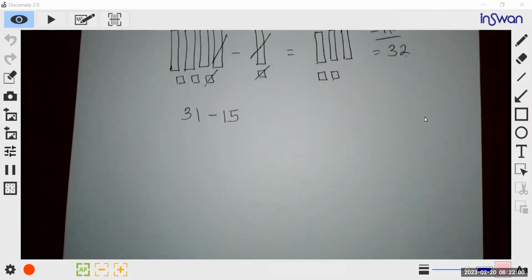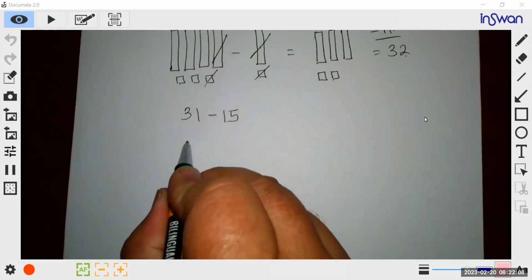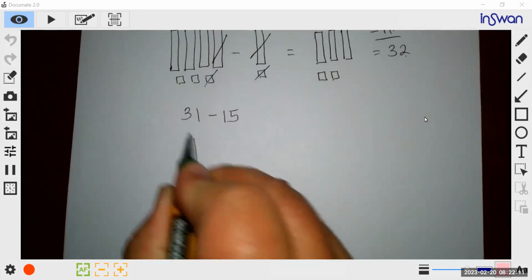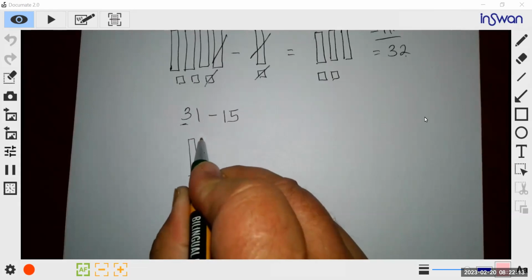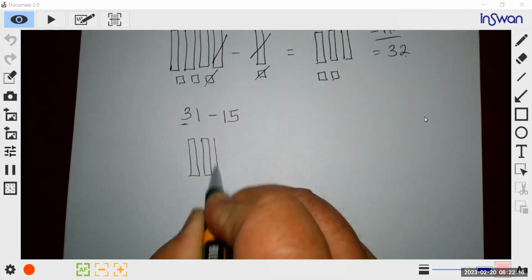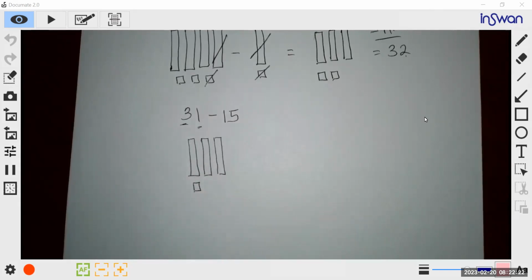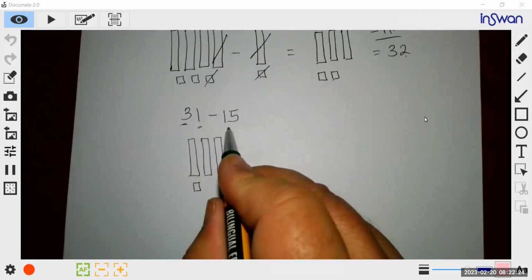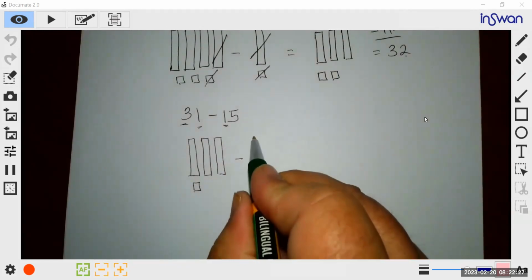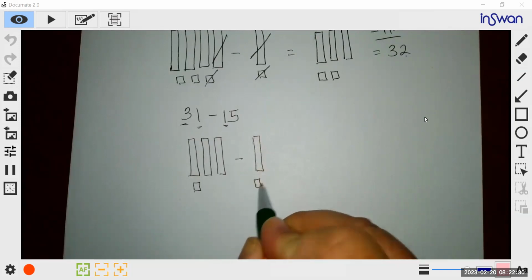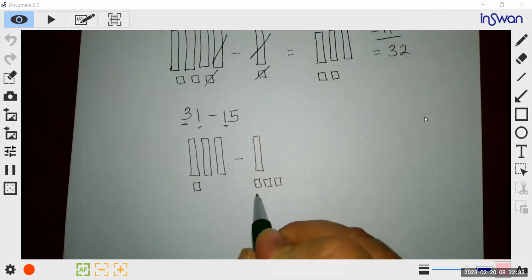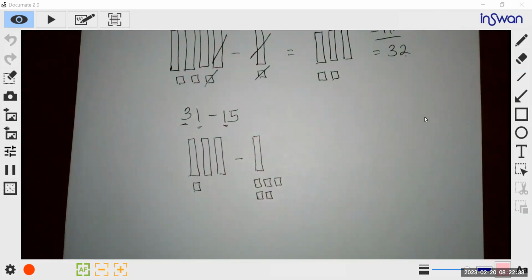What if we had this? 31 minus 15. We have 3 long bars and 1 box. I want to take away 1 long bar and 5 boxes. Can we do that?